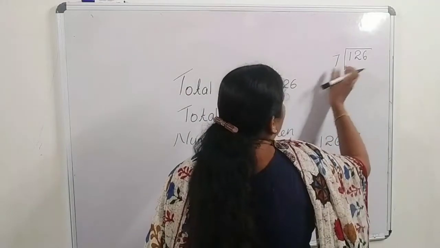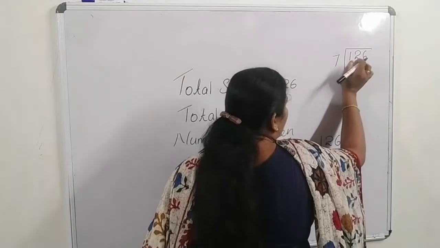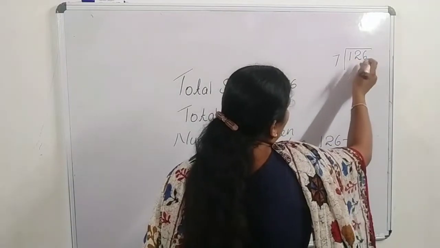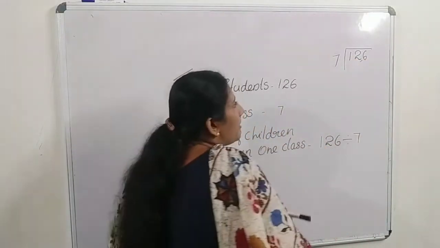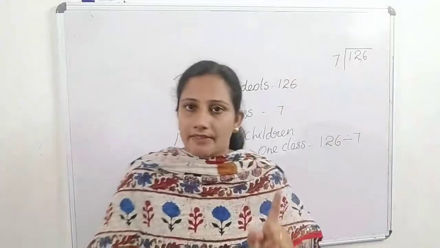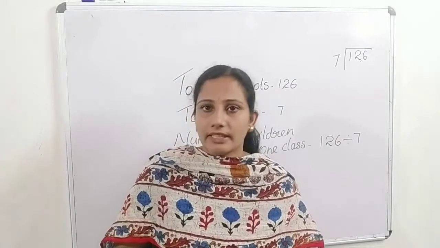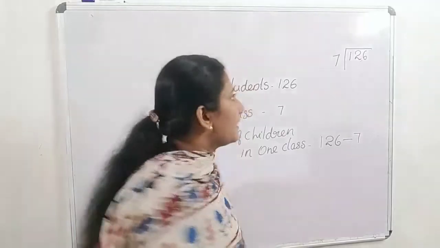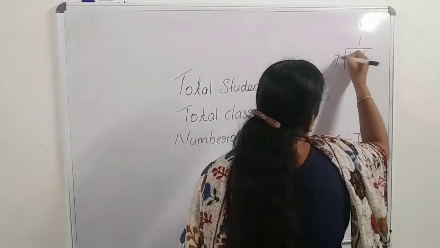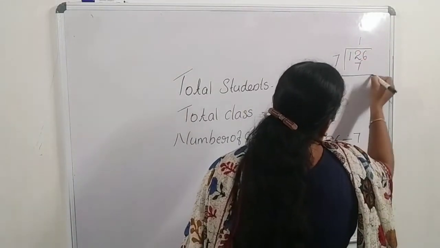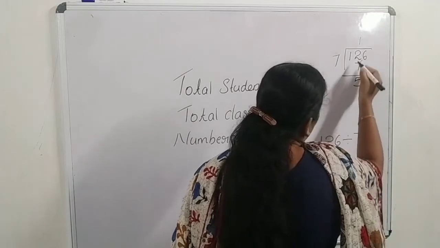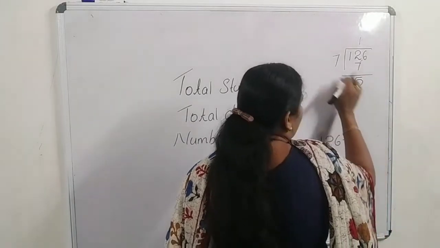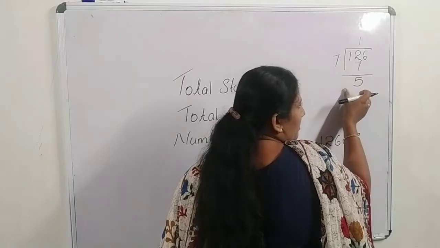Let us compare the numbers 7 and 1. 1 is a small number, so let us take 12. In the table of 7, 1 times 7 is 7, and 2 times 7 is 14. So take 1 times. 1 into 7, 7. Then subtraction, 5. When we compare these two numbers, 5 is the small number.